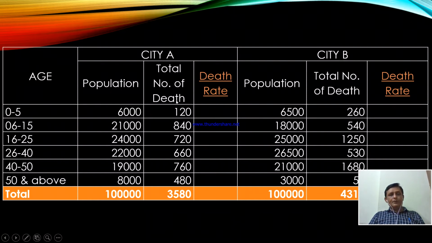That means the total number of deaths, 120, divided by total population 6000, into 1000, and whatever result we get, we'll write that as the death rate, and accordingly we can do this for the 50 and above age group. Similarly, we calculate for city B: we write 260 divided by 6500 into 1000, and here we'll get the figure that represents the death rate for the first age group of city B. So in Excel form or in general calculations, how can we do this? Let's go through that.